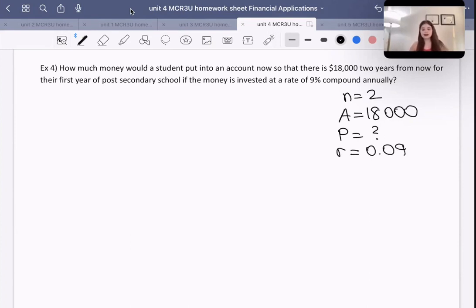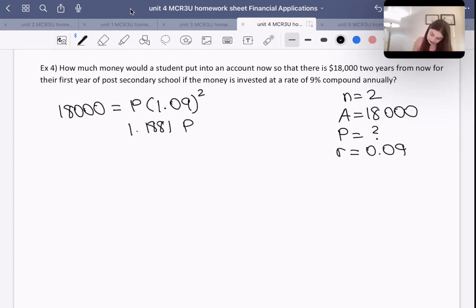Let's find P. So in this case, we have $18,000 is equal to P times 1.09 to the power of 2. So let's see, 1.09 squared is 1.1881. P is equal to 18,000.